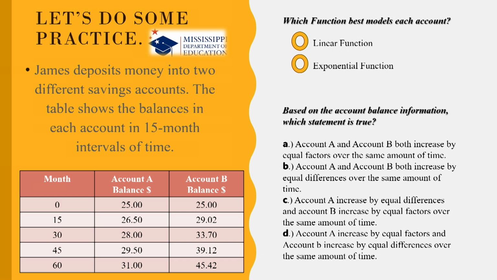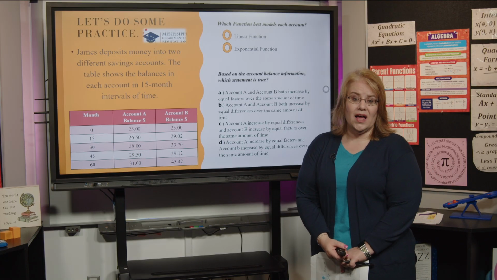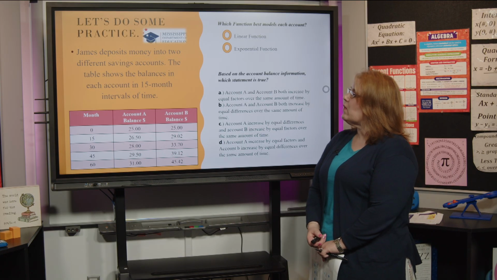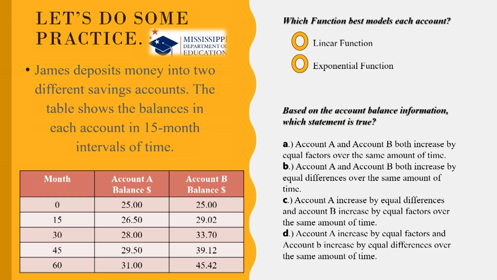Now, this is a Mississippi Department of Education practice that you would see on that MAP practice test that you can find online. So I want us to see if we can work this type of problem. Let's go ahead and read it. It says, James deposits money into 2 different savings accounts. The table shows the balance in each account in 15 month intervals of time.